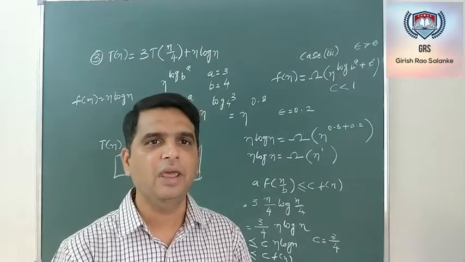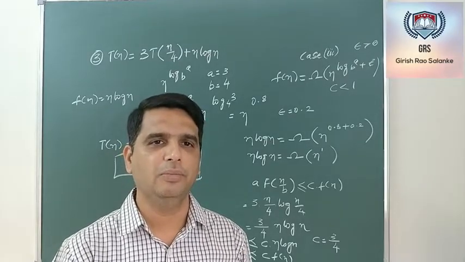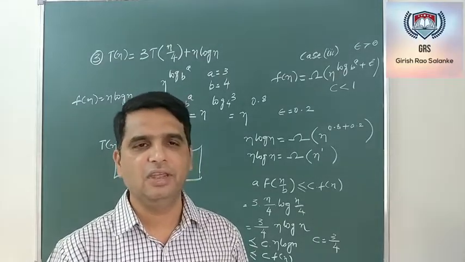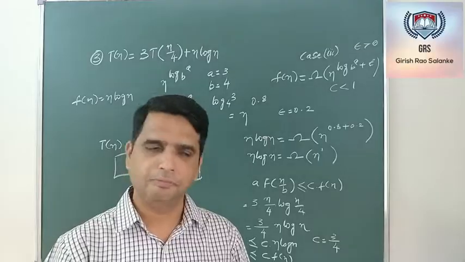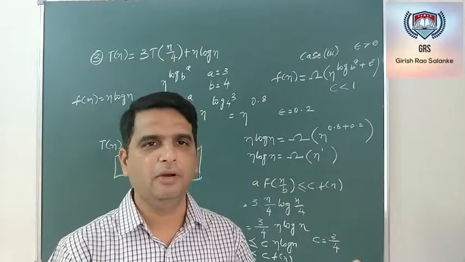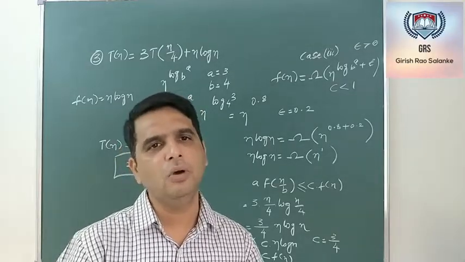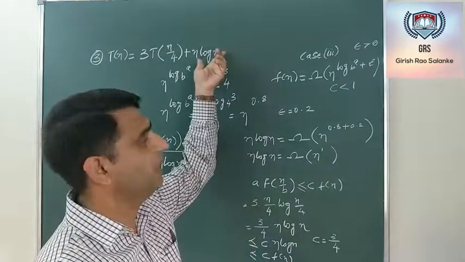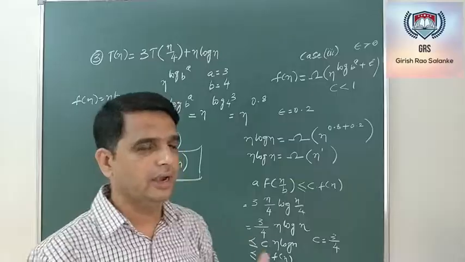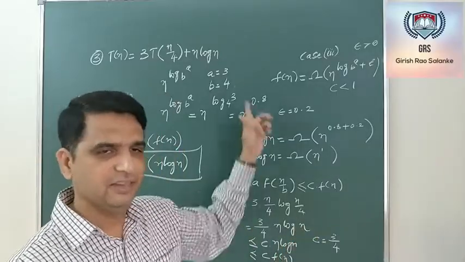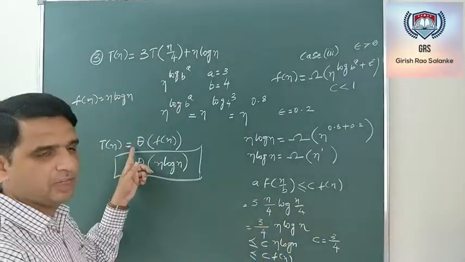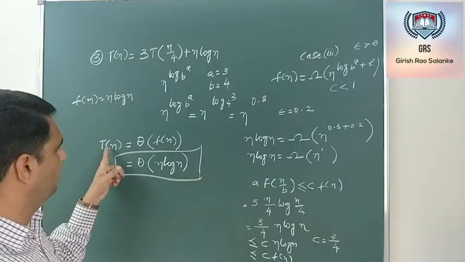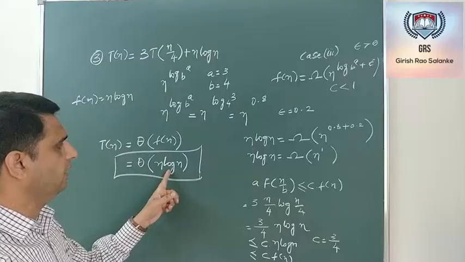In the sense, f of n and n to the power of log a to base b both have same values. In that case, T of n is equal to theta of n to the power of log a to base b into log n. And the third case was if f of n is asymptotically bigger when compared to n to the power of log a to base b, in this case, T of n can be expressed as theta of f of n. So that is, in this case, I got T of n as theta of n log n.